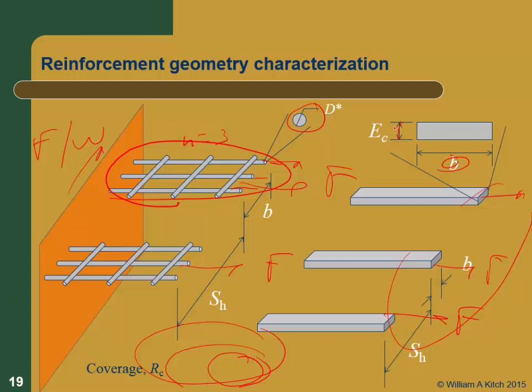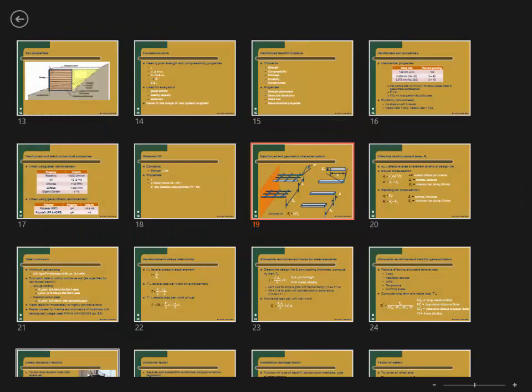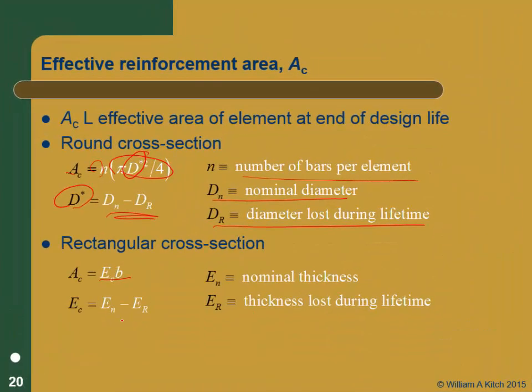It's just too inconvenient to do it the other way, and the aspect ratio is probably 10 or higher, so B is not where you're losing most of your area. So for the bars we do the same calculation, where EC is the nominal thickness of the bar minus the thickness that we lost during its lifetime.